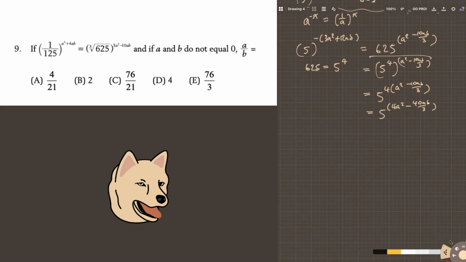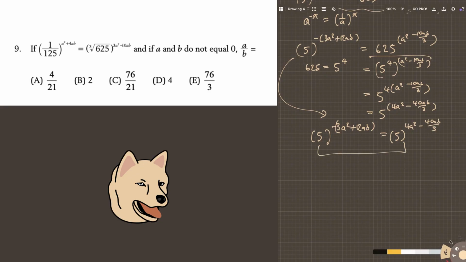So finally, bringing this down over here, we have 5 to the power of negative 3a squared minus 12ab is equal to 5 to the power of (4a squared minus 40ab) over 3.